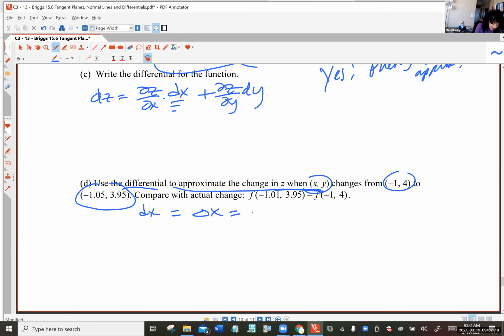So that's the ending point, -1.05, minus -1. What is that going to be? I think it's going to be negative, so it's -0.05. And then your change in y, delta y, is going to be 3.95 minus 4, which is also -0.05.